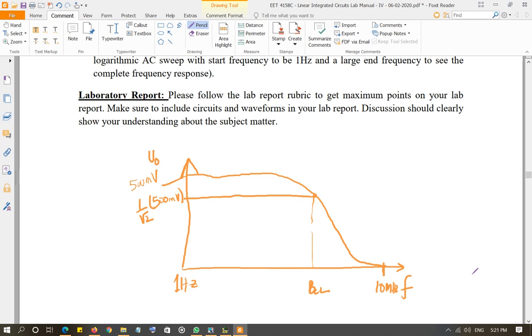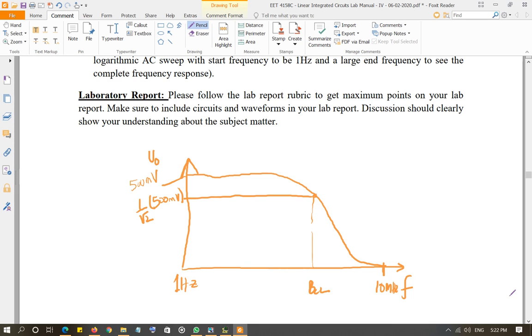And that's the experiment. Very simple, very easy. Make sure you have a good discussion. I just want to see that you have a good understanding of the AC effect on the operation of these operational amplifier circuits. Discuss the effect of closed loop bandwidth, discuss also the slew rate, and compare your expected values with simulated values.